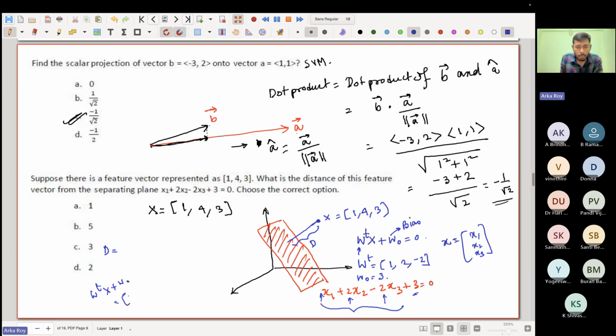What you will get is 1, 2, minus 2, and you have X1, X2, X3, and then W naught equals 3. So it would be 1 into X1, that is X1, plus 2X2 minus 2X3 plus 3.